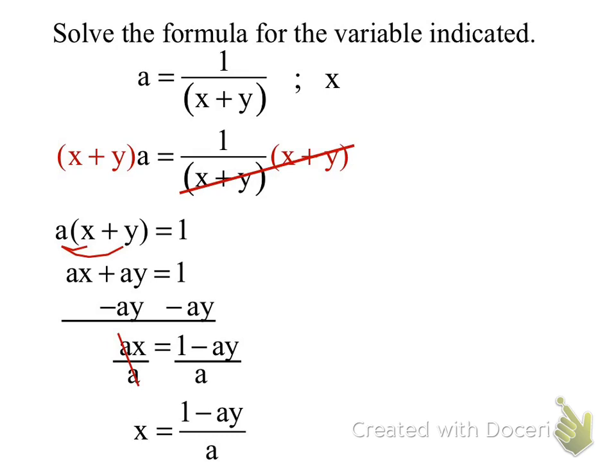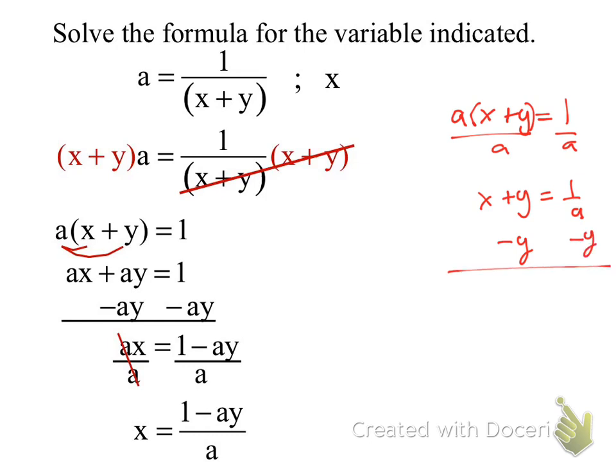That's one way. Method number 2 would be a times x plus y equals 1. Divide by a. X plus y equals 1 over a. Subtract y. X equals 1 over a minus y.